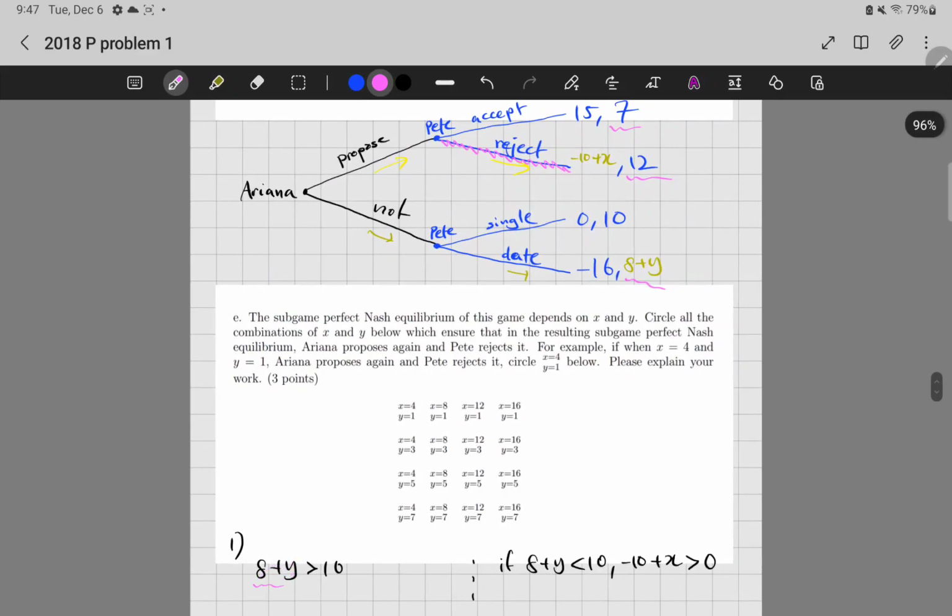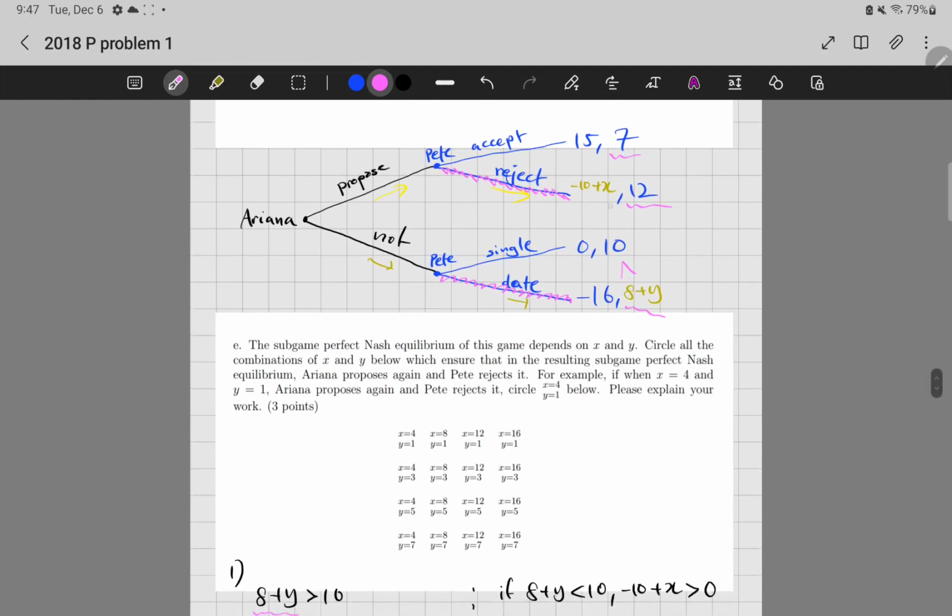The reason behind this is that for scenario 1, if 8 plus y is greater than 10, then it is most likely that Pete will choose date. And if that happens, because negative 10 plus x is always greater than negative 16, Ariana will most likely choose propose, giving us the desired subgame perfect Nash equilibria.